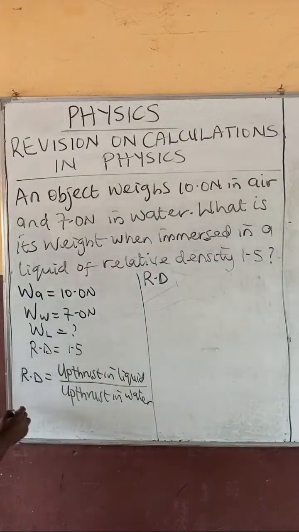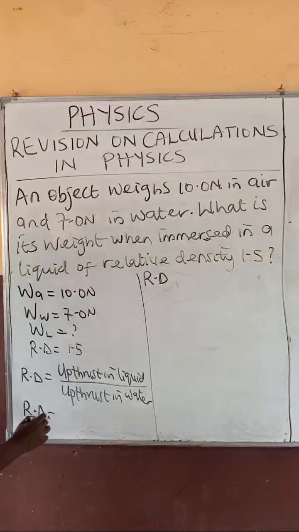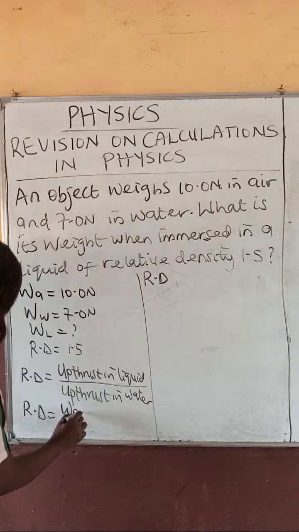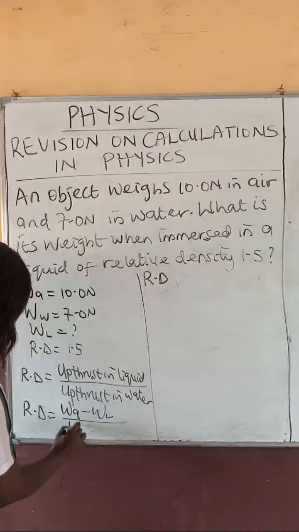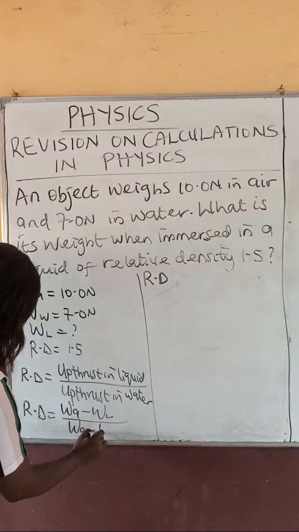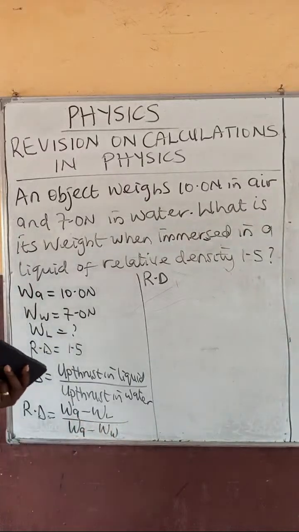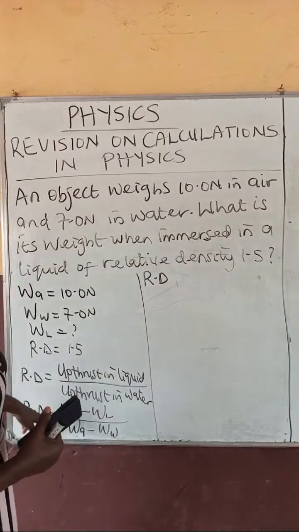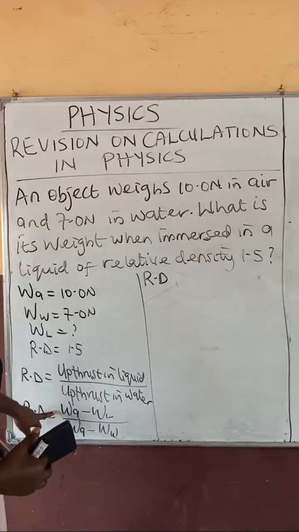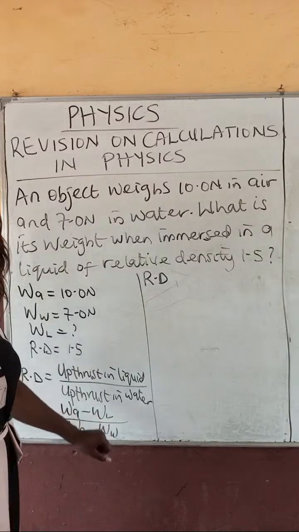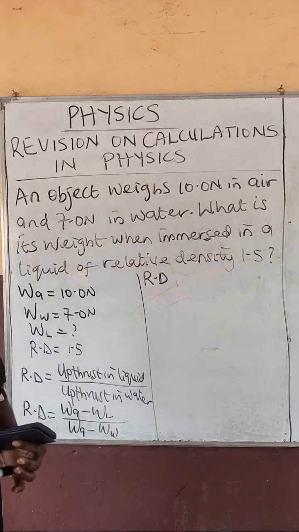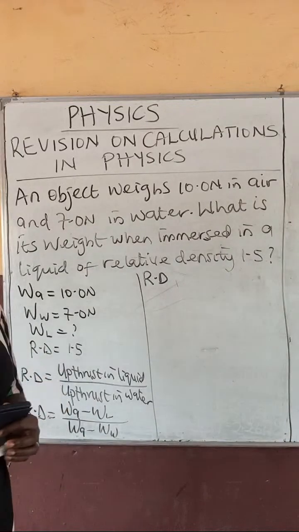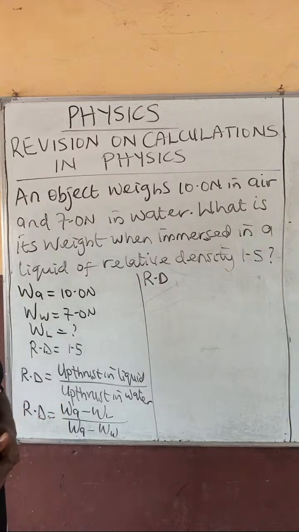Relative density, with respect to the liquid, upthrust will be weight in air minus weight in liquid, then divided by weight in air minus weight in water. Do we understand? So with that being said, let's move in to solve our problem.